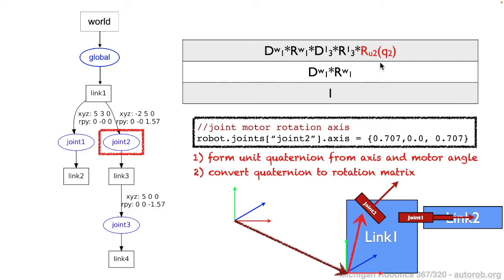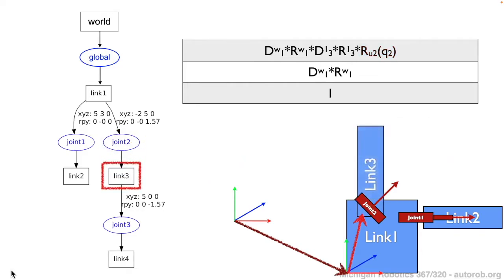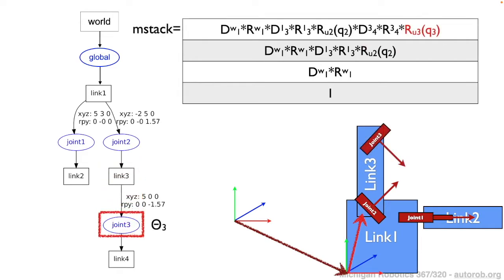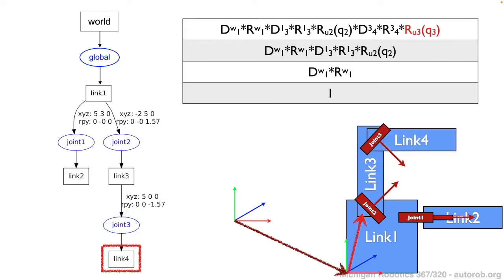Using that quaternion to rotation matrix conversion, we'll be able to define this rotation matrix, which we couldn't at the start of this lecture. At that point, we'll be able to correctly position link 3 according to that rotation, and we could continue on with further joints down within the remaining portion of the kinematic tree.